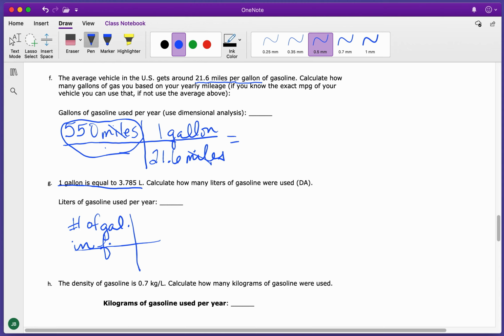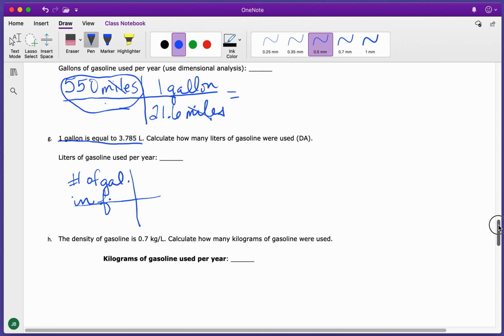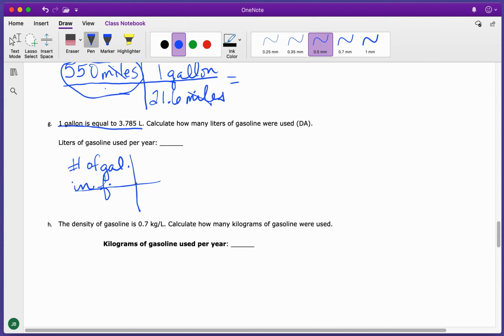So realize all dimensional analysis is really doing is allowing you to convert to different units. So once again, we see 1 gallon and we have 3.785 liters. And punch and crunch.